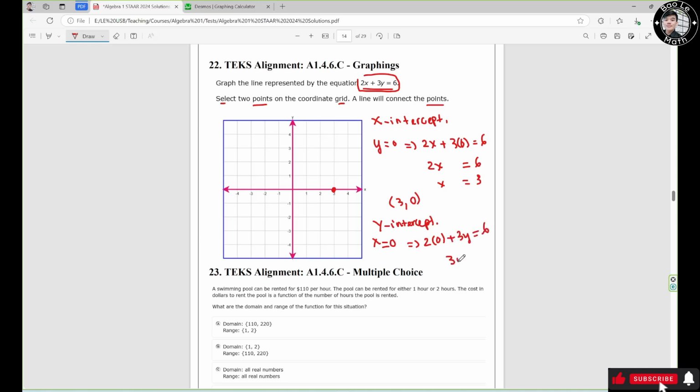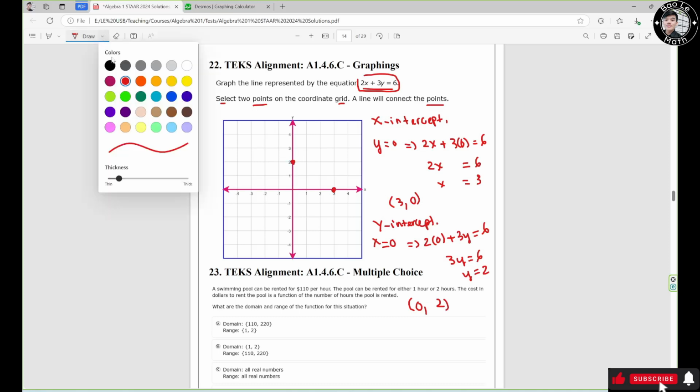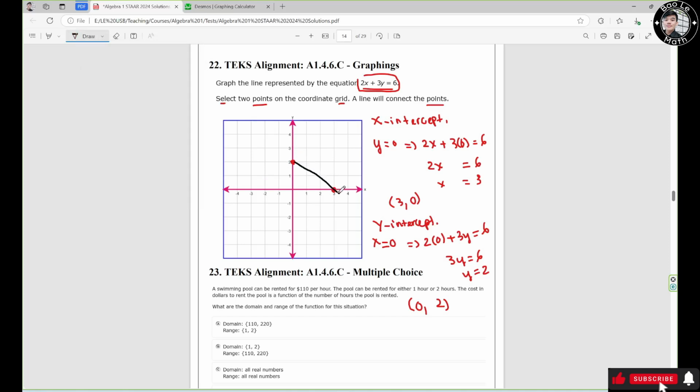Alright, so it turns out to be 3y equals 6. And then y equals 6 divided by 3, which is 2. So the second point is going to be 0, 2. So s equals 0, y equals 2 right here. Now we just connect these 2 points and we're done. And that's the answer.